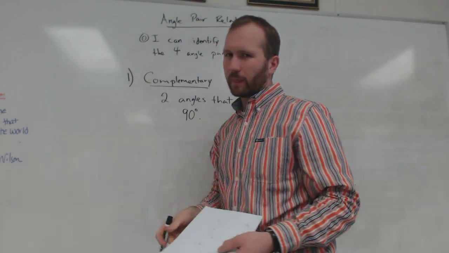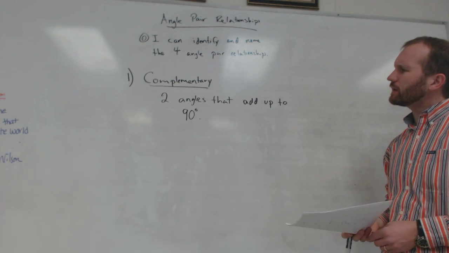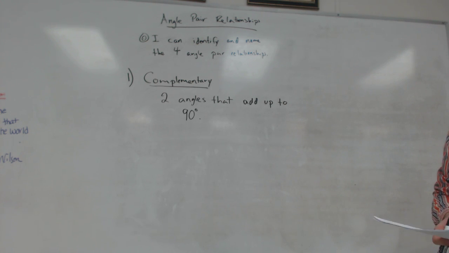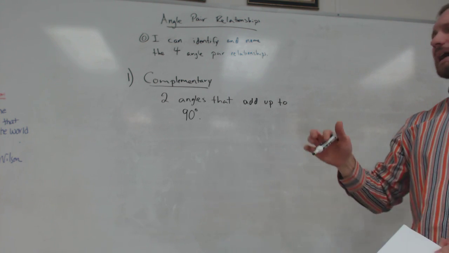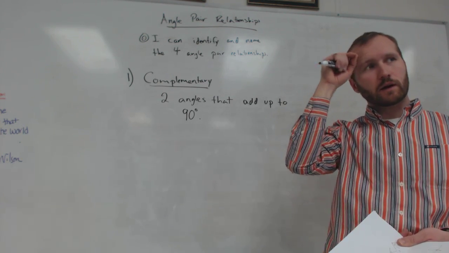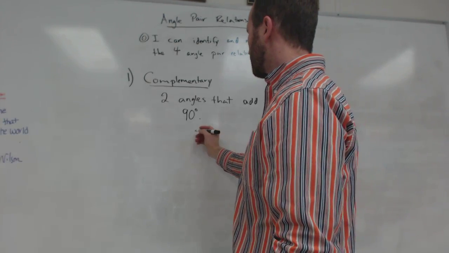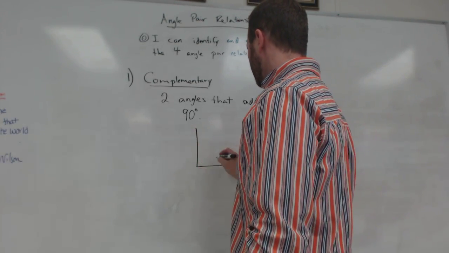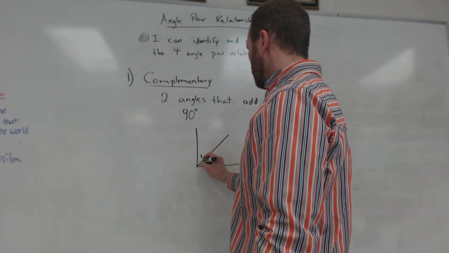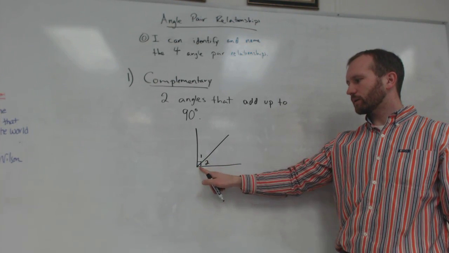Now, typically, what's going to happen with complementary angles is that they will actually form a 90-degree angle. Right? So this would usually look like this. So I have angle 1 and angle 2. These 2 angles are complementary.